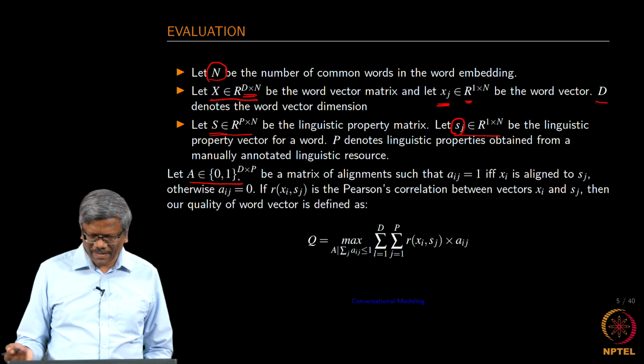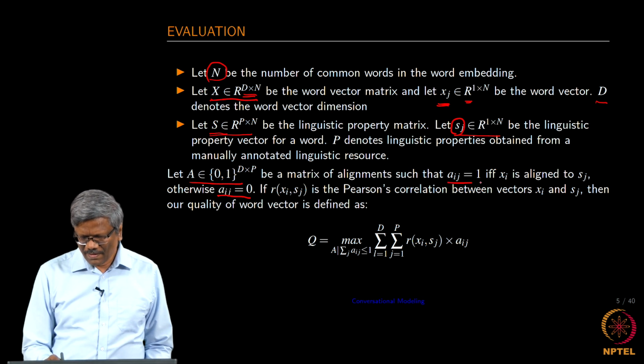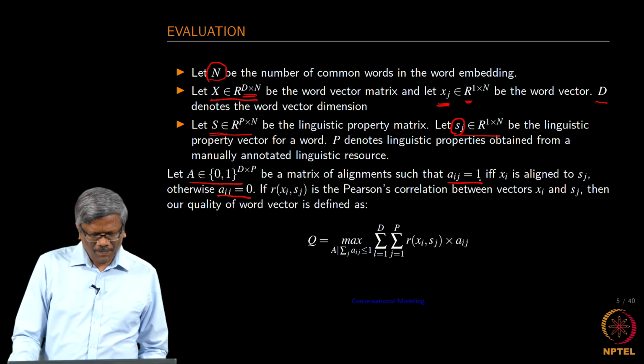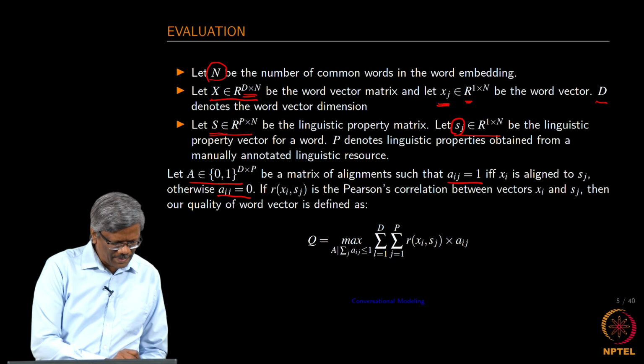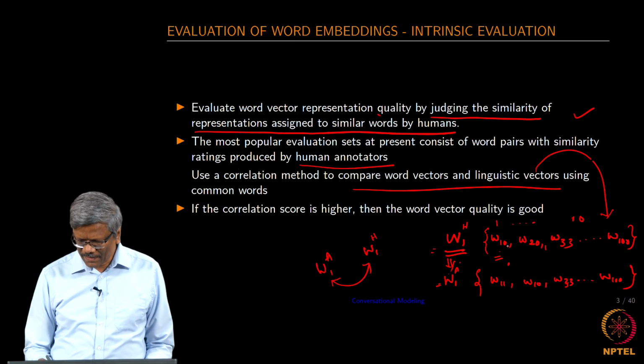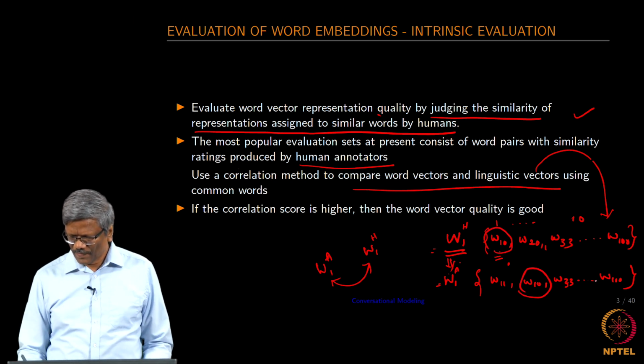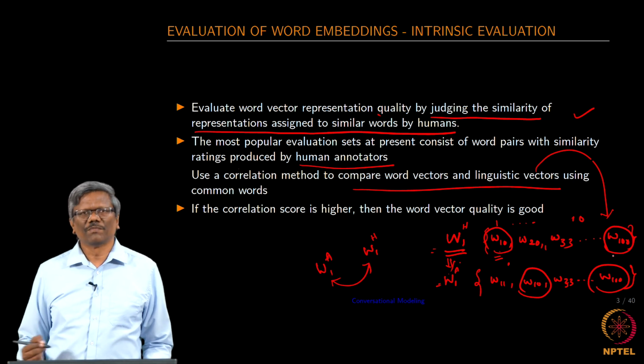If it is not found, then the alignment is going to be 0, otherwise it is going to be 1. So there should be at least one alignment like these.